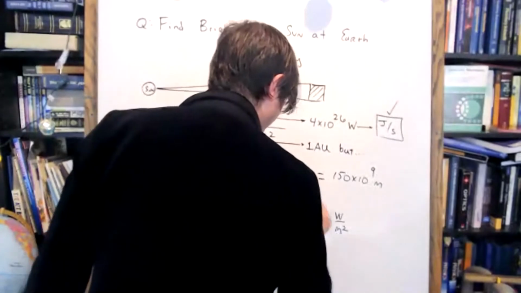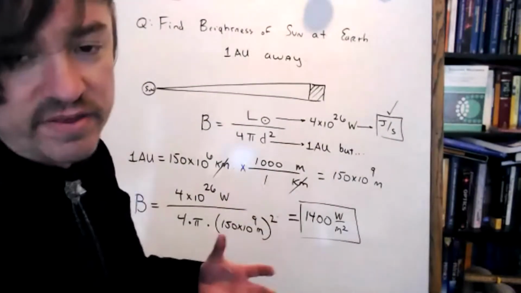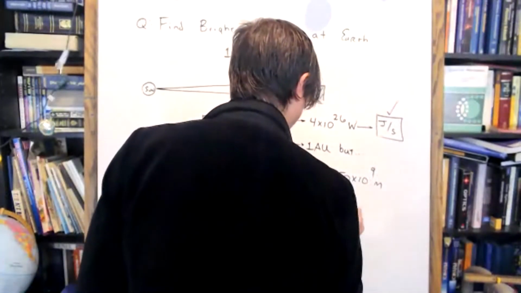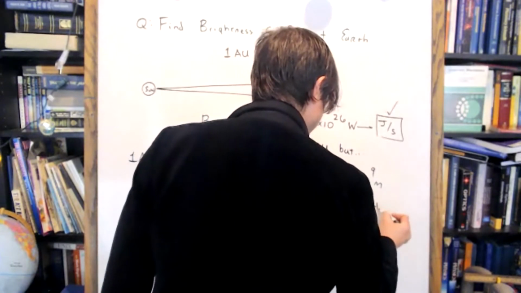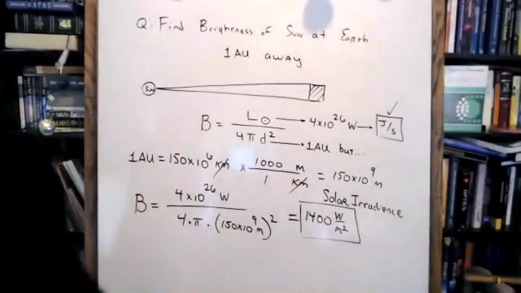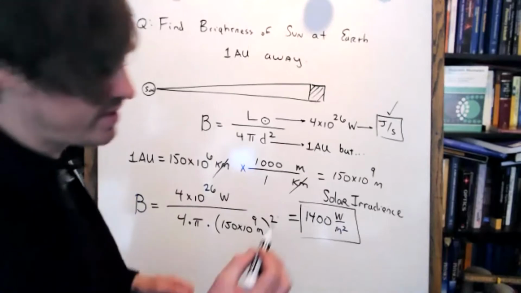Professor. This is a very famous number in astroengineering. This number is known as the Solar Irradiance. It has its own name. The solar irradiance is the maximum amount of energy that you can get on a solar panel from space.